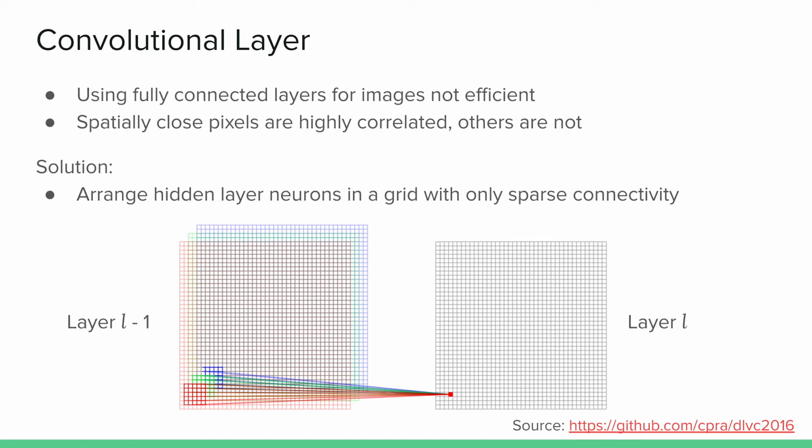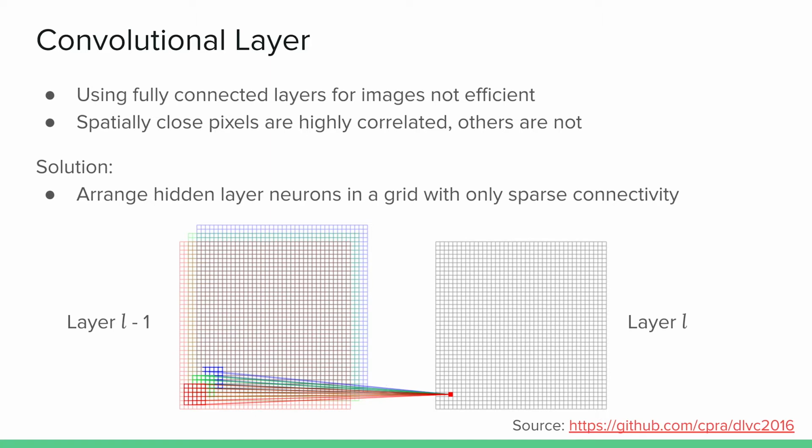So we can arrange them here. When you take a look here, we would have the layer L-1, which is an input image with 3 color channels, red, green, and blue. And you can see in the left bottom corner a 5 by 5 grid of each input channel.